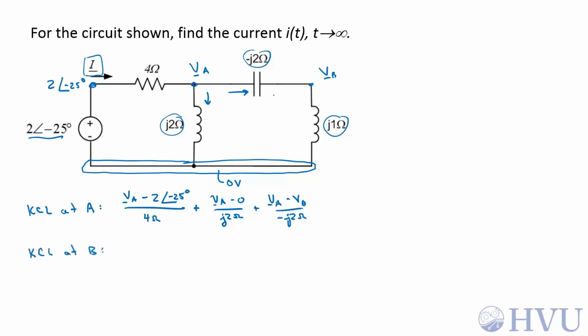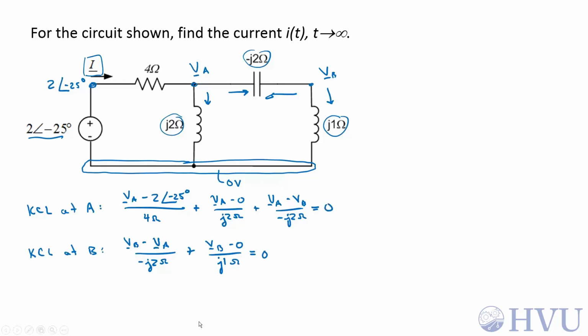KCL at B, the current through that capacitor is going to be VB minus VA over minus J2 ohms, plus the current through this inductor is going to be VB minus 0 over J1 ohm. That sums to 0, and I left off my summation to 0 here.